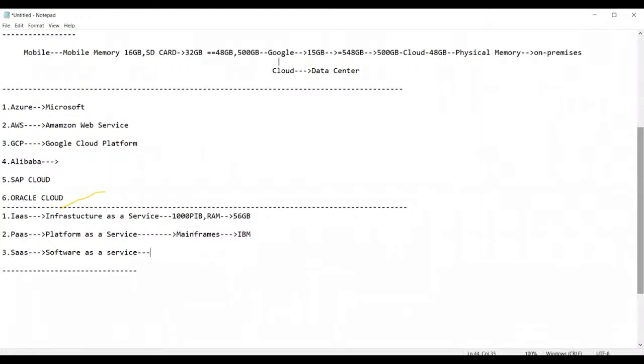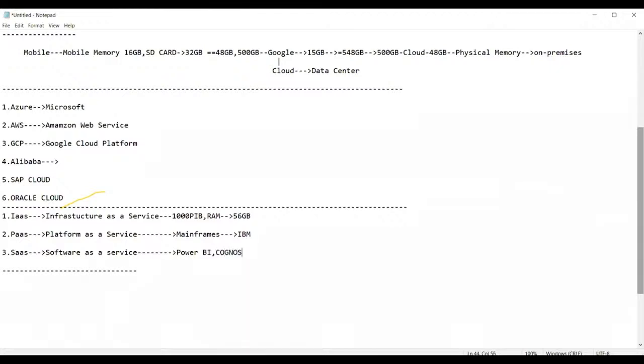He will take care of it. And now guys, suppose you require some software, such as reporting software or analytical software, for example Power BI, or suppose you require Cognos.